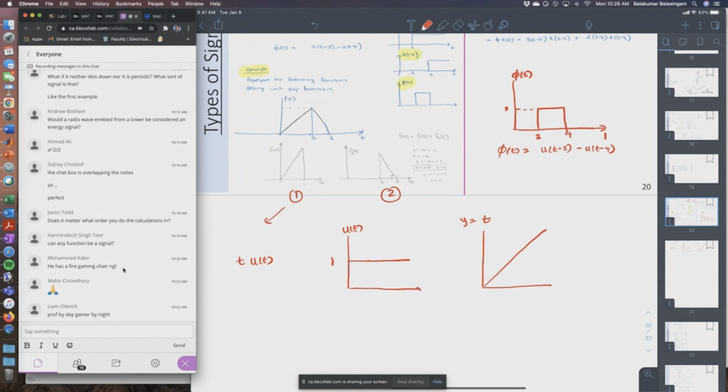So actually the proper way to write the second signal is t u(t). Why is it not just t? Somebody can answer. That's the second function I am writing. Why is it t u(t)?